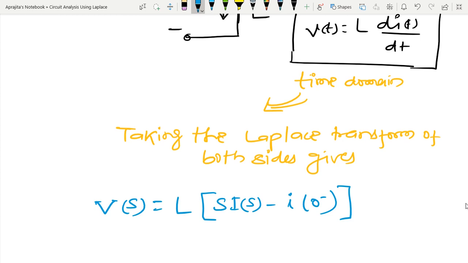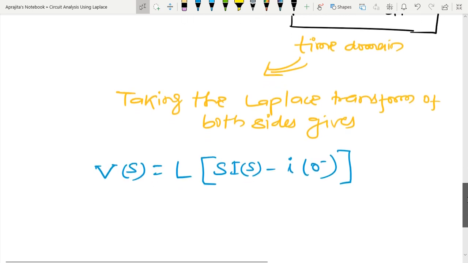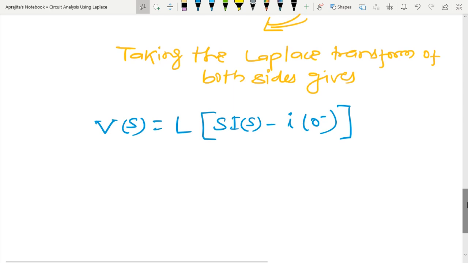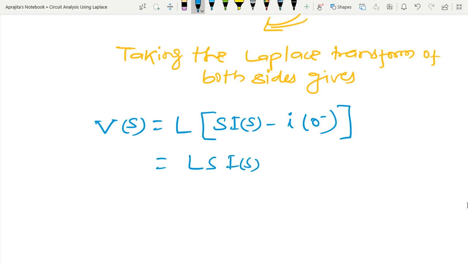That doesn't matter, because to maintain differentiability of i(t), I(0 minus), I0 and I(0 plus) are all equal. So I can again write like this: L s I(s) minus L I0. So that is the initial condition.